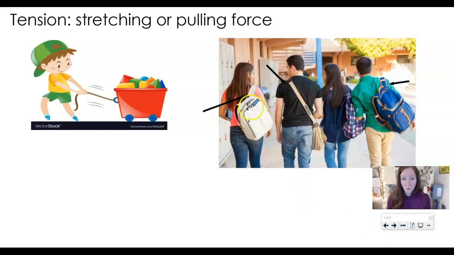Obviously the more weight you have in your backpack, the more tension the straps are experiencing. Here we just have someone pulling a wagon, and of course the rope is under tension, the part where the little latch is attached is under tension, and his arms are actually under tension.